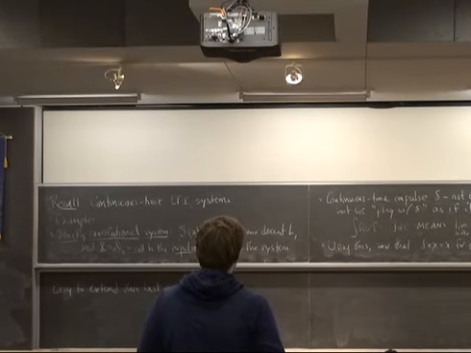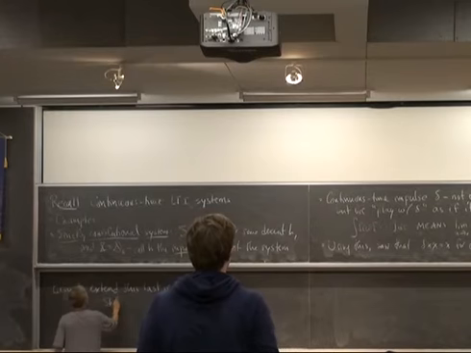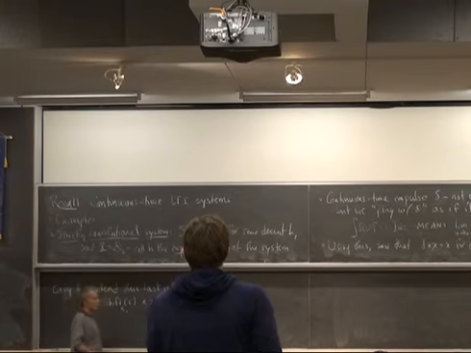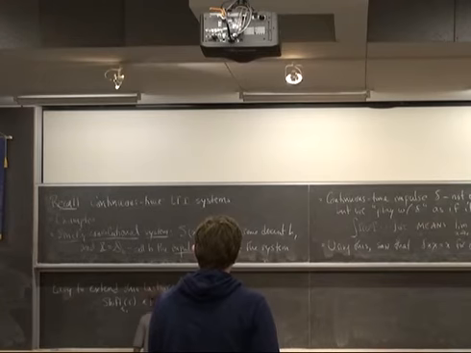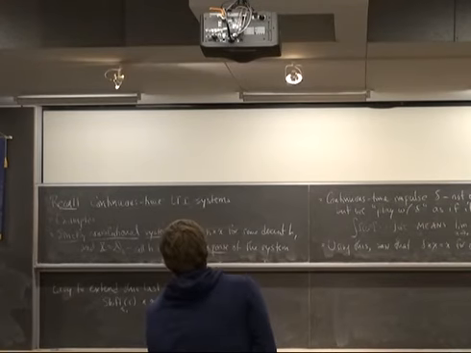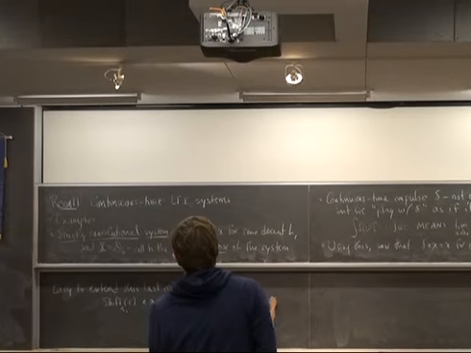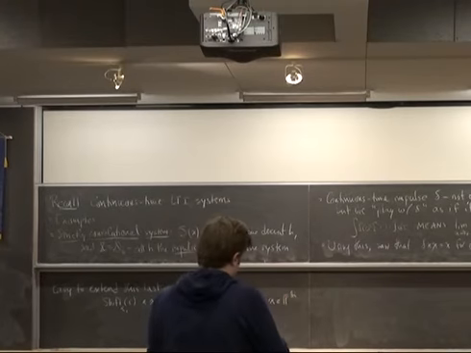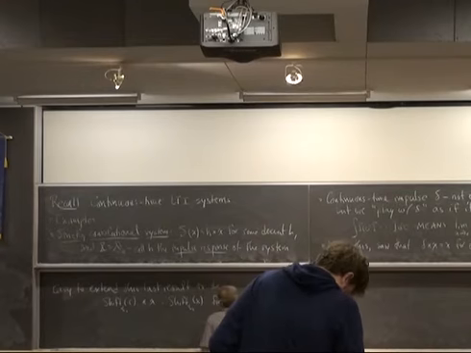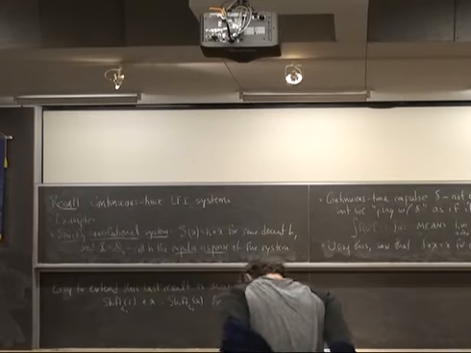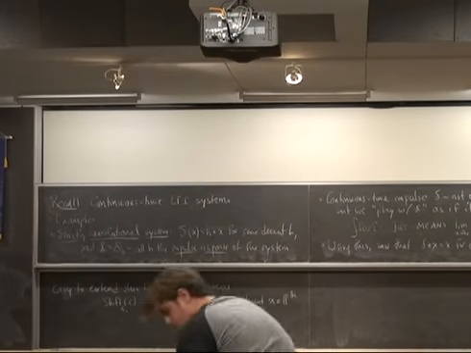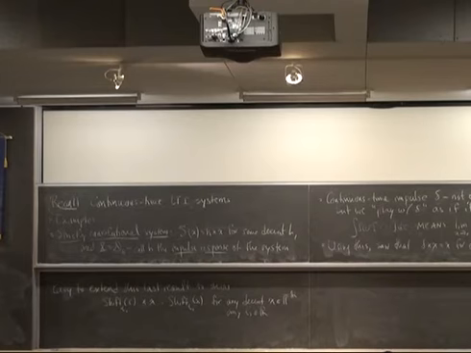To show that if I take a shifted delta and I convolve that with any decent signal x, I get shift sub t1 of x, for any decent x and any t1. And I don't think we actually did that in class last time. You can look in the monograph and you'll see how that works. So delta is like an identity element for convolution, even though it's not really a signal.